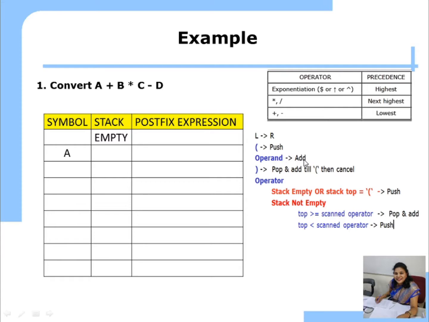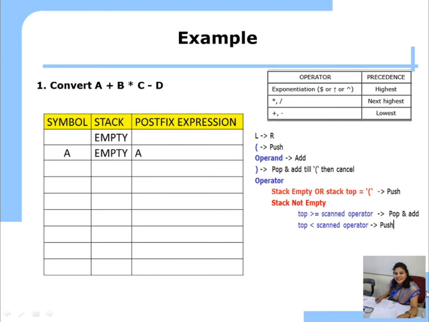You are going to add. The add operation is always performed on the postfix. Push and pop are on the stack. Okay. So you add this A into this postfix expression. See, the stack remains the same because we do not perform any push or pop operation while encountering an operand, that is A.